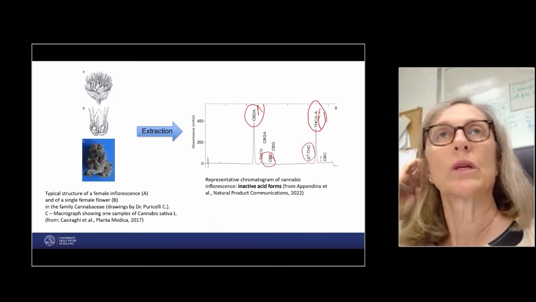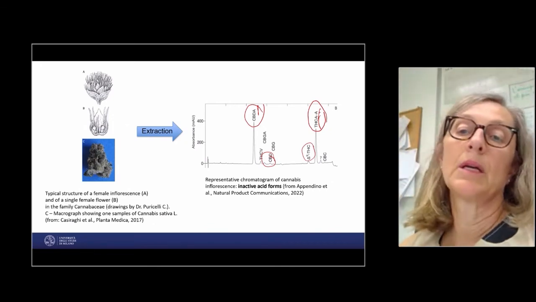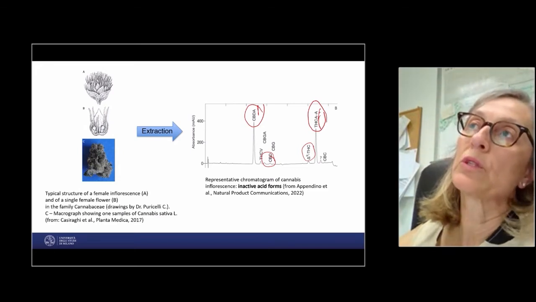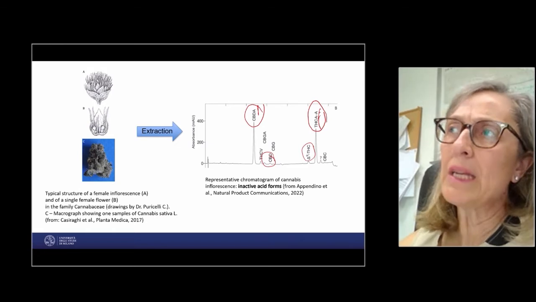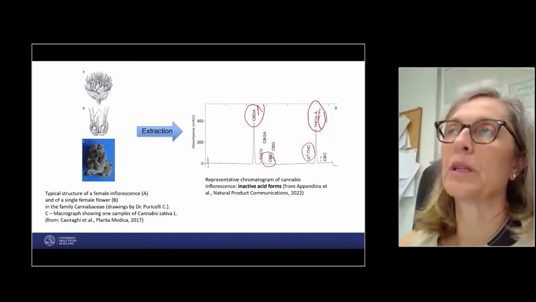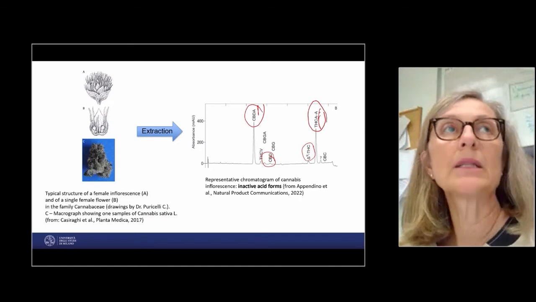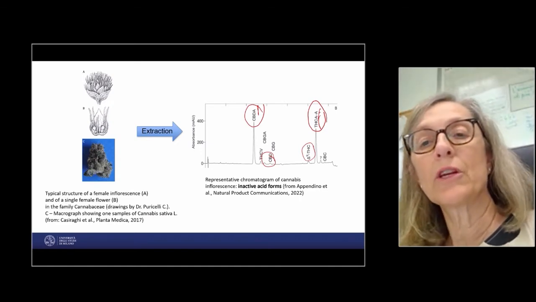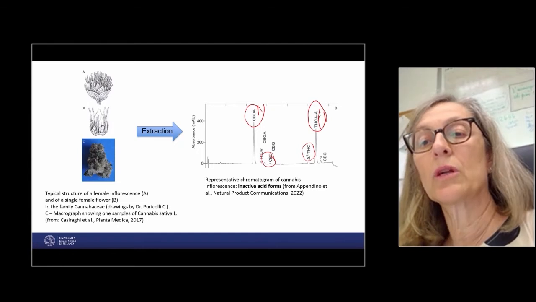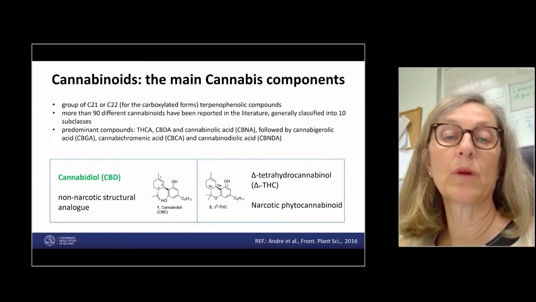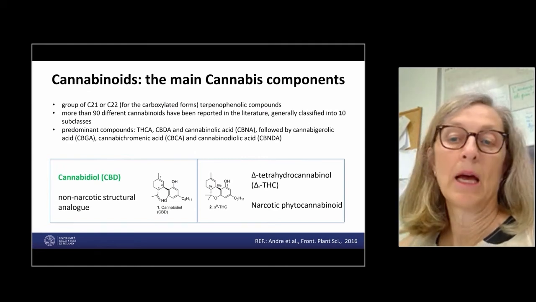So during smoking we don't have any problem in consideration of the temperature. But if we use this plant in a different way, for example putting it in an oil or in a cream or in something else, we have to make the degradation of the acidic part to the neutral before the use. And this is a very important thing that we have to remember.